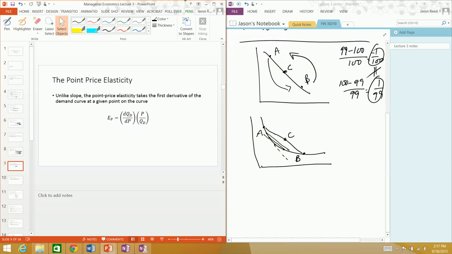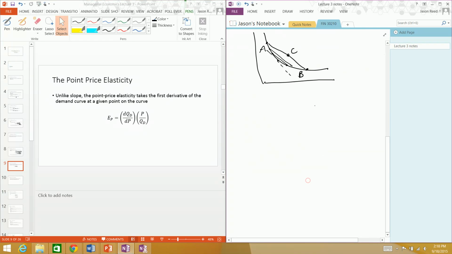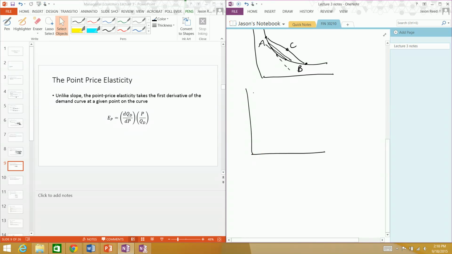So with this, we're taking the first derivative of our demand curve with respect to price, and we're multiplying it by some price and quantity combination. So we're choosing on this demand curve some point P1 and some point Q1.